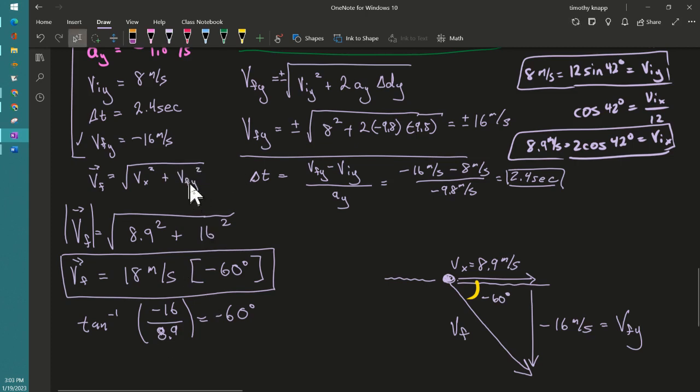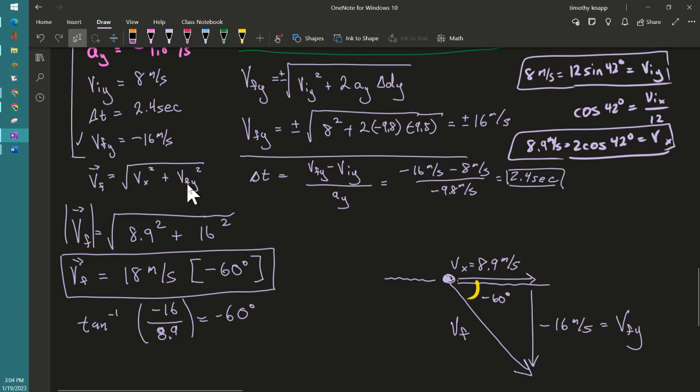Note that here I've got a final velocity and here I don't. The reason there's no reason to put an f here is that the initial velocity and the final velocity in the x direction are always the same. The velocities in the x direction never change, so there's no reason to put an f or an i here. I put an i over here, but in the end, I don't need it. In fact, I'll get rid of it.